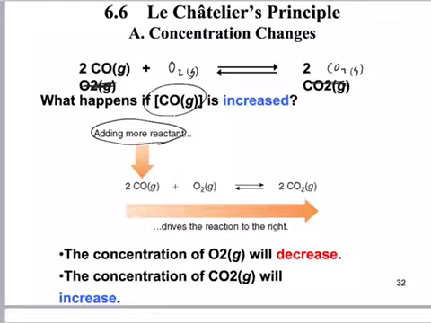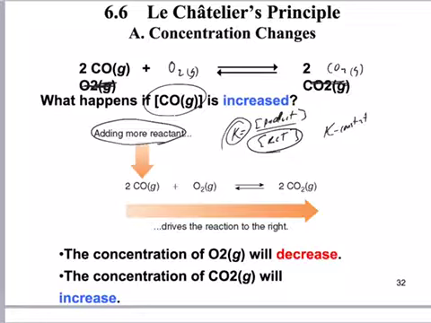Now, since K is a constant, if I add a reactant, then the system is stressed, and in order to go back and make K a constant, the amount of products has to go up, because K is product over reactant. If that number suddenly becomes larger, then to go back to the value of K being a constant, this needs to change. So the reaction gets driven to the right.